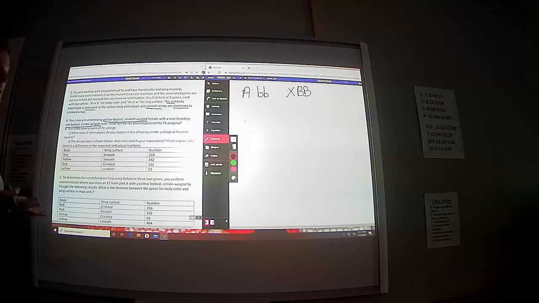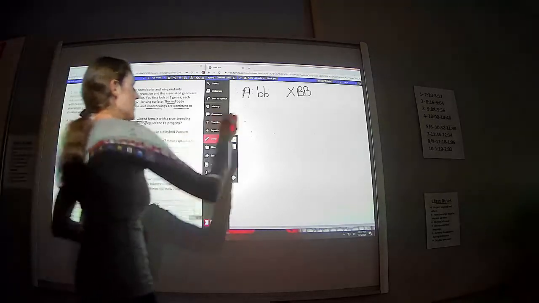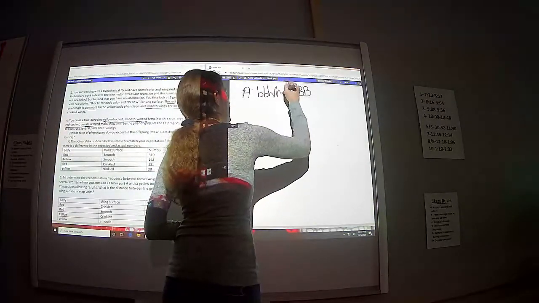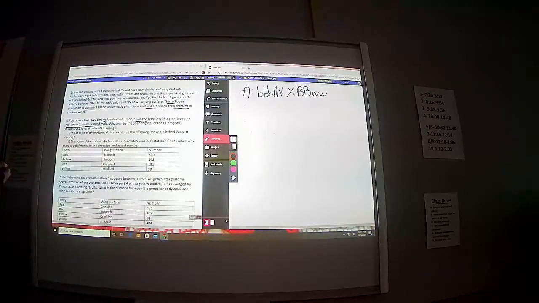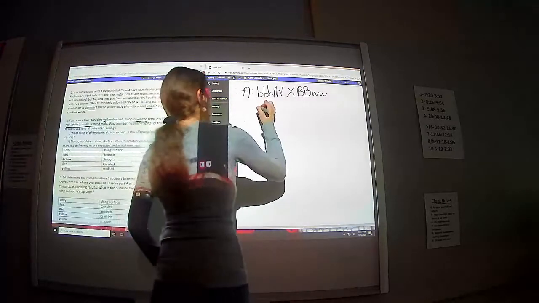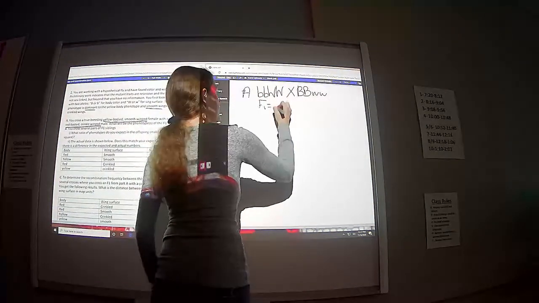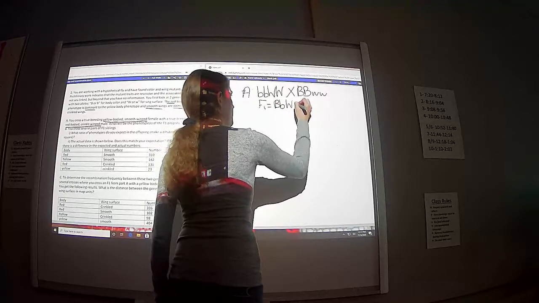And you have to figure out your parents before you can figure out what their kids will be. Otherwise, you're going to get yourself all confused. And then the yellow body has smooth wings, which are a dominant trait, so it's going to be capital W. And the other guy has crinkled wings. So my F1 generation then is going to be capital B, lowercase b, capital W, lowercase w.